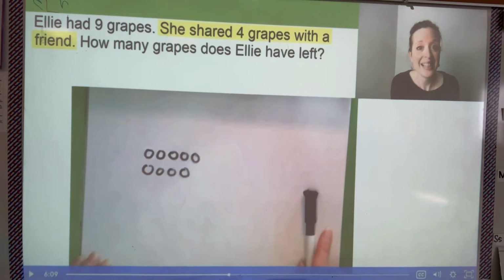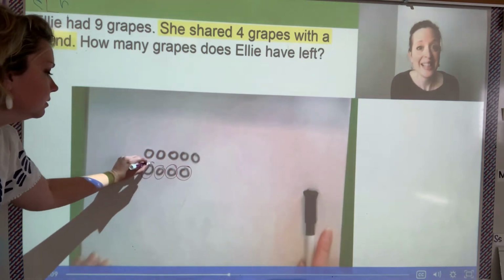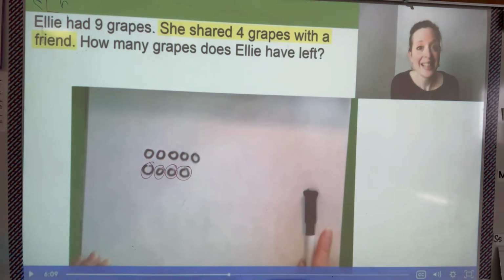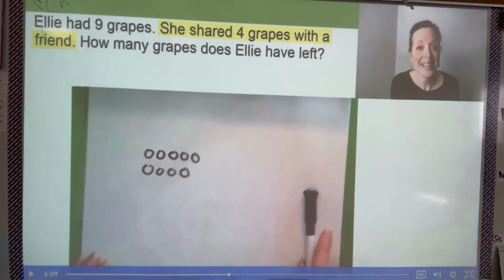You can show it by circling the grapes. You could, but that might confuse me a little bit if I put a circle around each one. How about you doing that? I like that. That's a great idea because that lets me know they're taken away. So Adeline said to cross them out. Let's see what Miss Emily says.